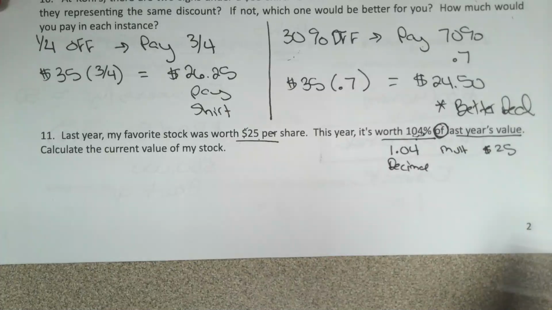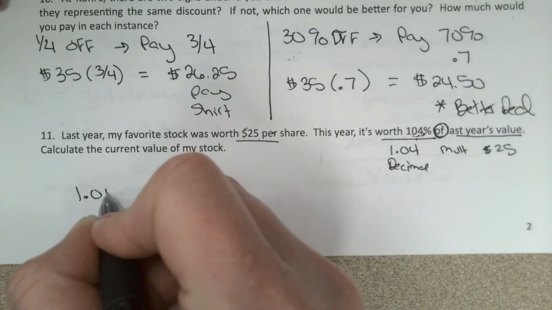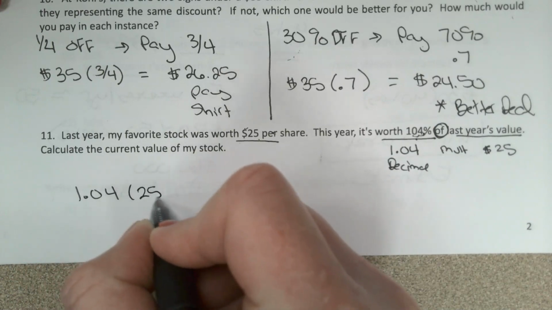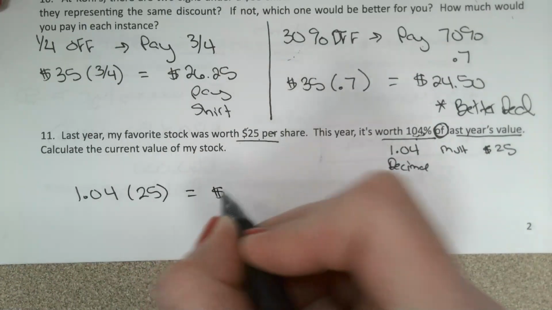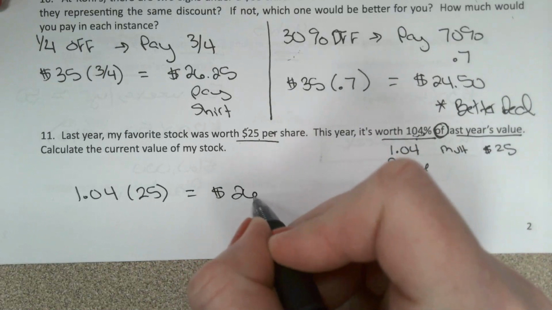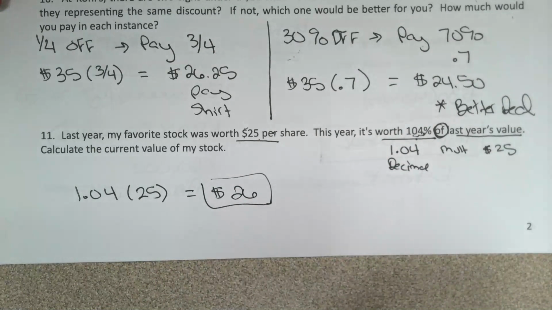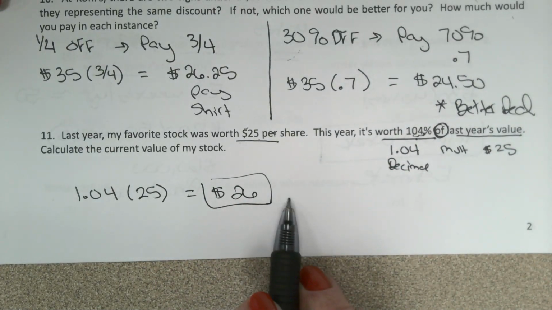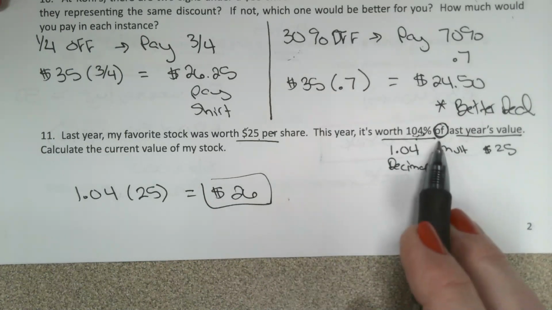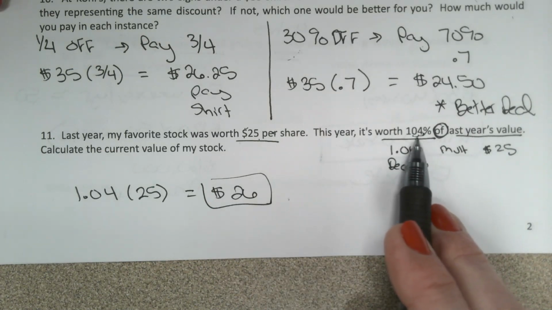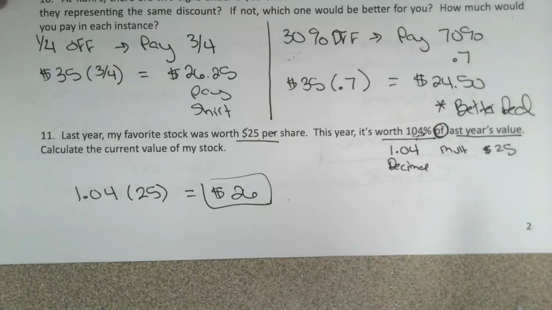So calculate the value of the stock. If you take 1.04 times 25, you get $26. So now my favorite stock is worth $26 because it is worth more than last year's value.